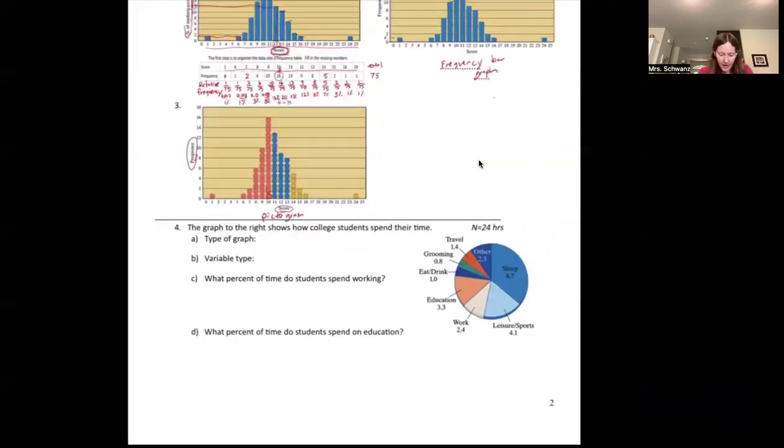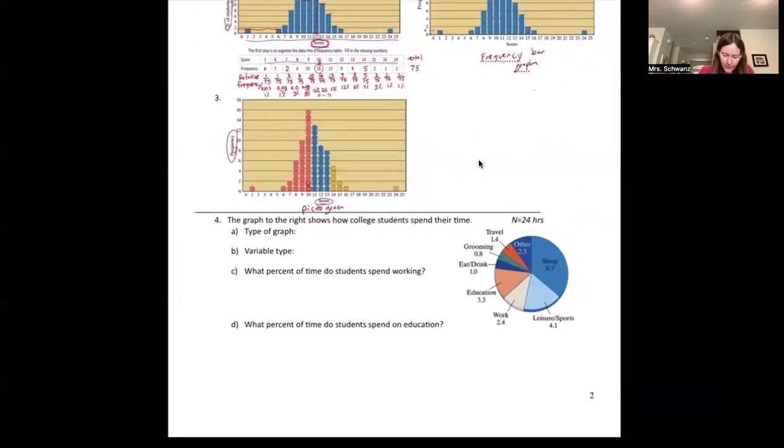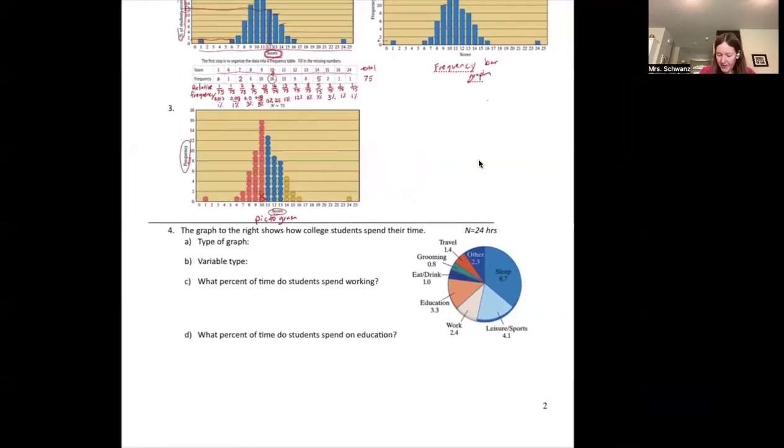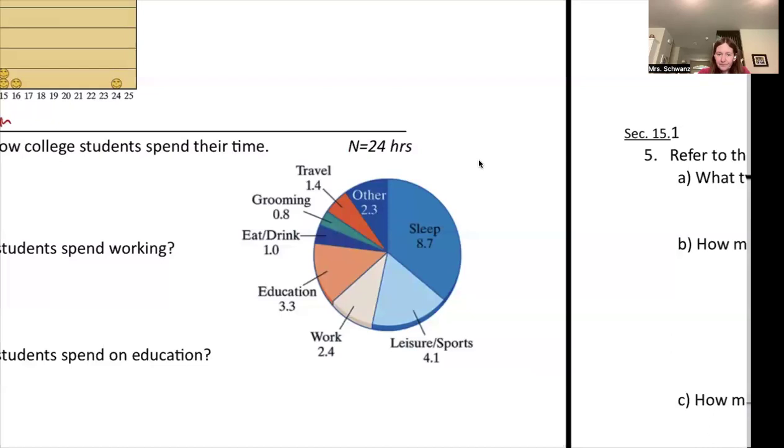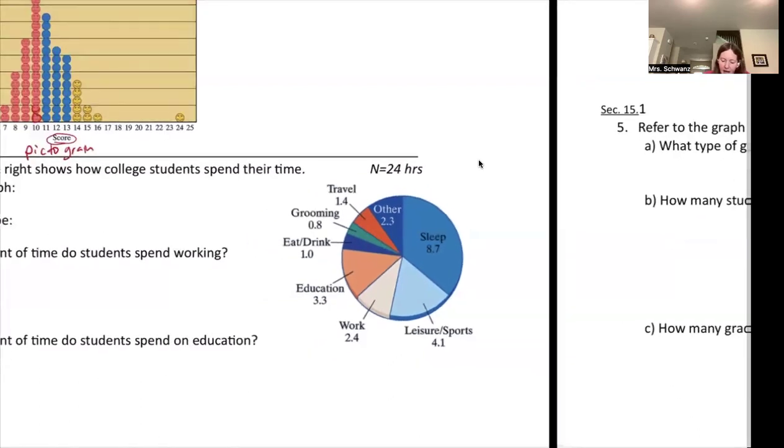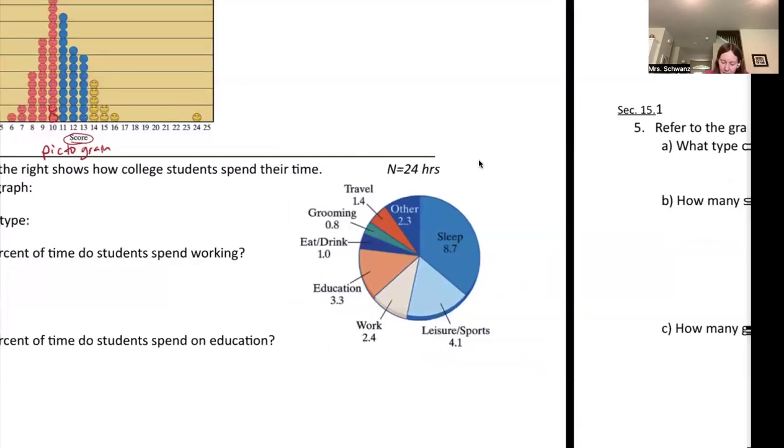The next type of graph that we're going to go over is a pie chart. This is what a pie chart looks like. It says there's a total of 24 hours in a day, and it shows how the average student spent their time sleeping, doing leisure or sports, working, and on education, eating, grooming, travel, and other.